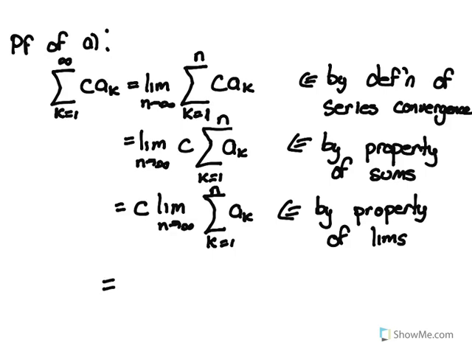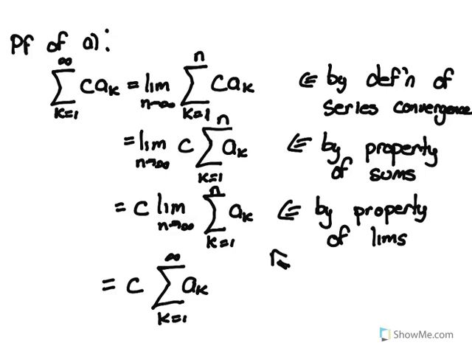And finally, note that this sum is simply the partial sum for the series a_k. So this is equal to c times the series k equals 1 to infinity of a_k.